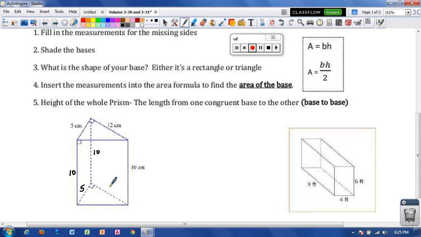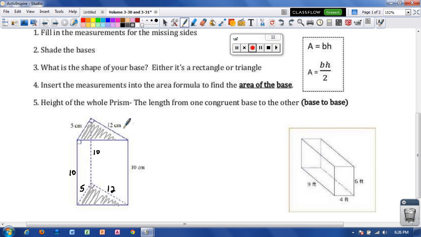If this is 12, this must also be 12. Alright, now we want to shade our bases. Now if we have a triangular prism, that means the base is a triangle. So that means that this is a base, and this is a base.